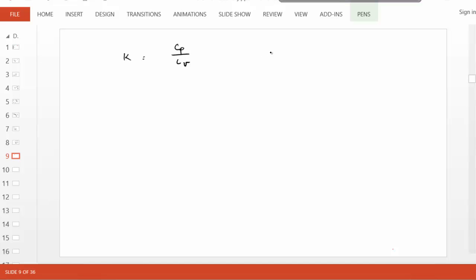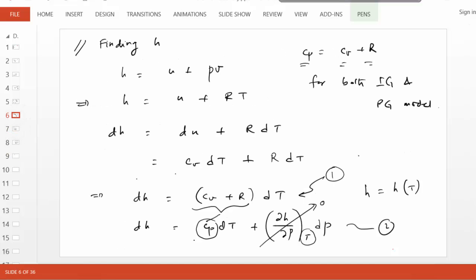We also know that Cp was shown to be equal to Cv plus R. We did that, I think, when we proved that dH is given by equations number 1 and 2.